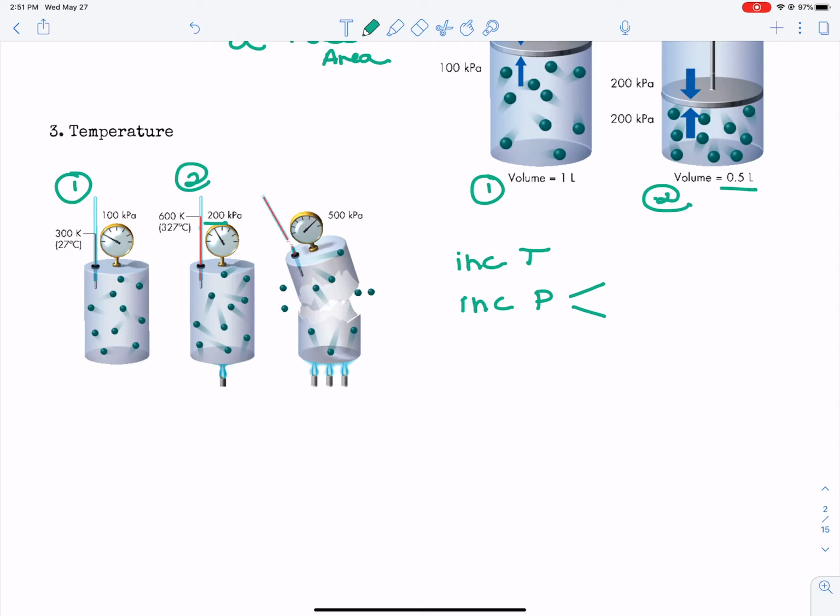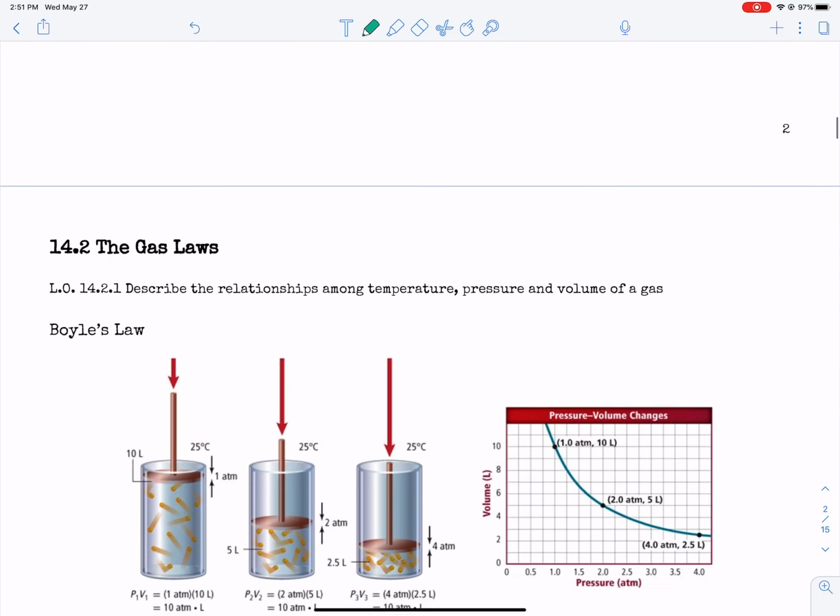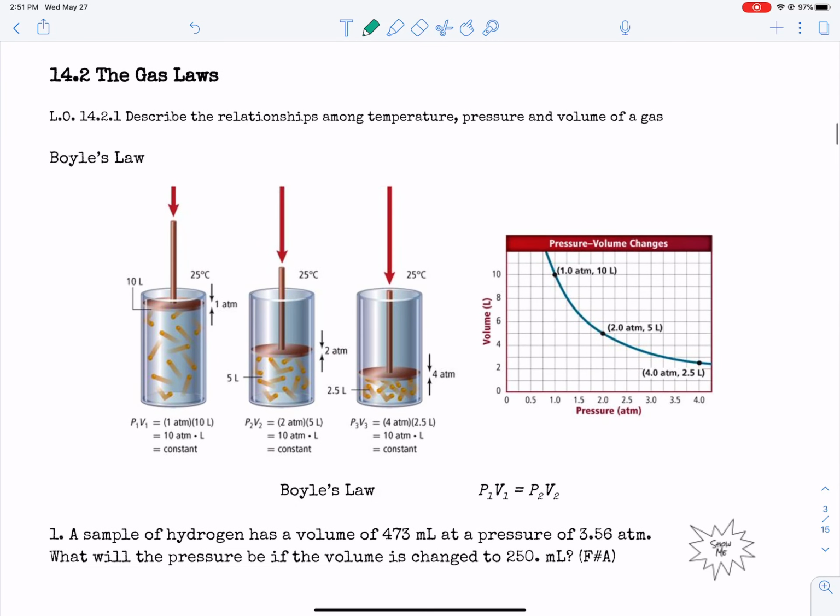Again, what part of the pressure am I changing, the force or the area? I'm increasing the force, because we know from our discussions last chapter, if I increase the temperature, I increase the kinetic energy of those particles. So that's just an introduction, or almost a review, of some of the parts of pressure.